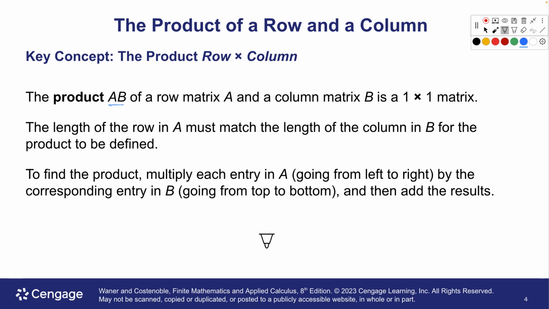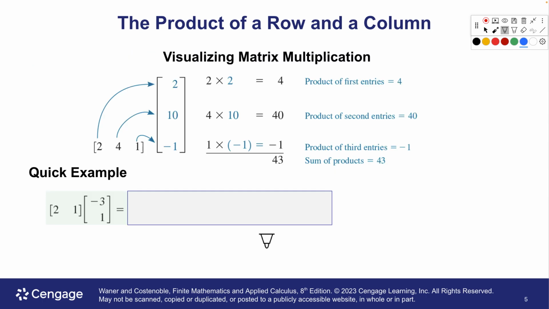Okay, and let's go through and look at another example. Here's a single row, a single column, but we've got 3 items in each. Again, to do this multiplication, we're going to take 2 times 2, right? That's there, we get an answer. We're going to take 4 times 10, get an answer. We're going to take 1 times -1, we get an answer, and then we add these three together and end up with 43.